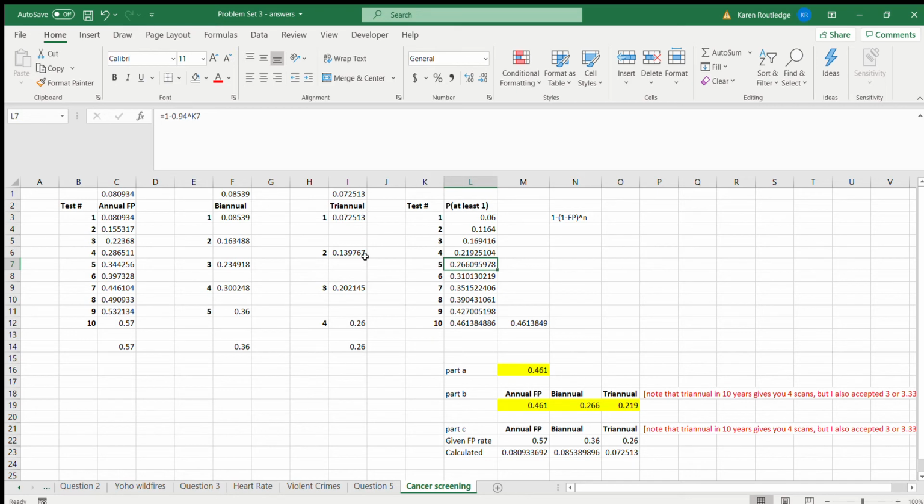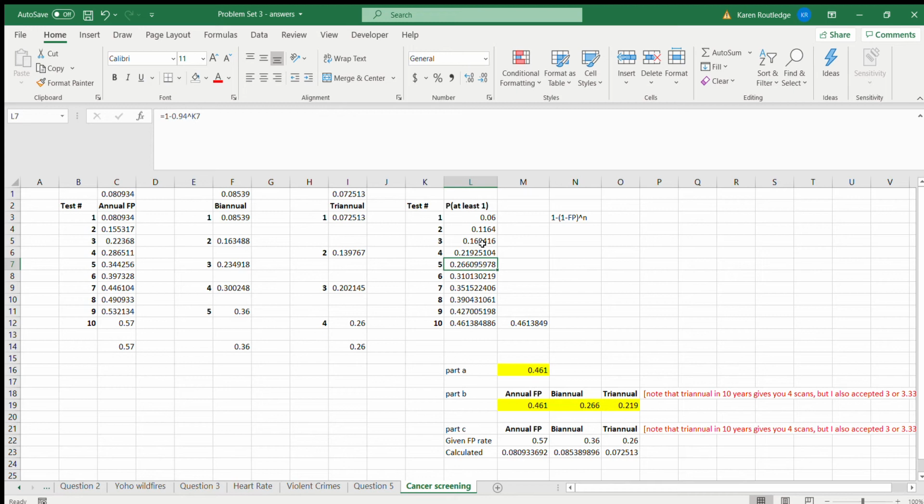Triannually, we can actually fit in 4 scans in 10 years, so that's the number that should have been used, but I also accepted 3 or 3.33 years. It wasn't as important to me to get the number of years strictly correct as it was that you used this particular equation and used it correctly. So depending on whether you used 3, 4, or 3.33, you're somewhere in this 20% range. That was good enough for my purposes.